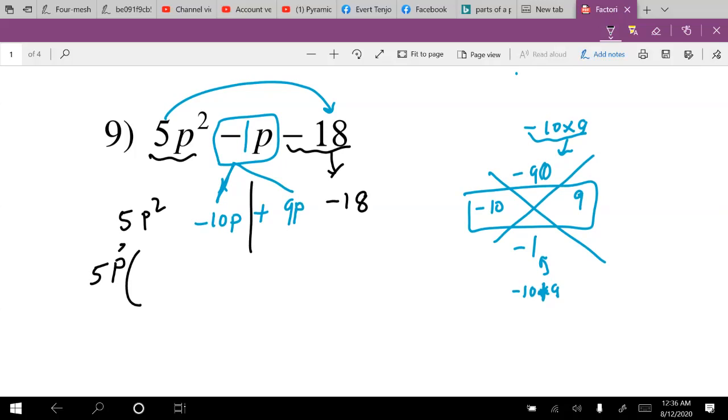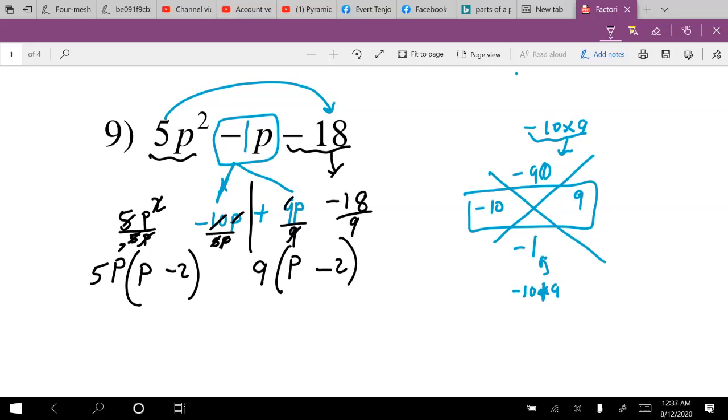If we divide that by 5p, the p cancels, and we're left with p. We divide this by 5p, p cancels, and that is negative 2. What is common? 9 is common. So we have 9 divided by 9, we have a p left. Divide this by 9, we have negative 2.